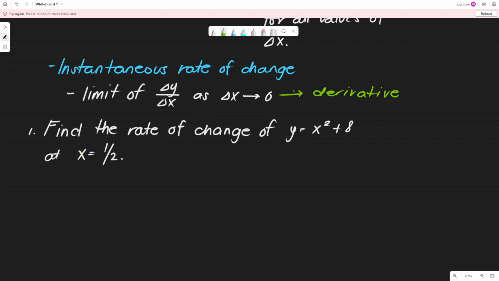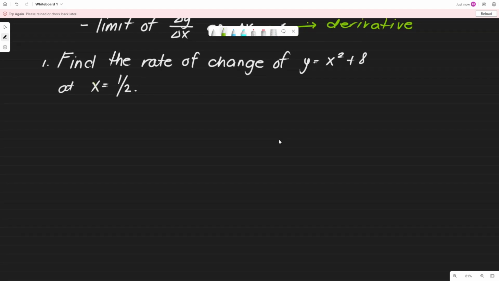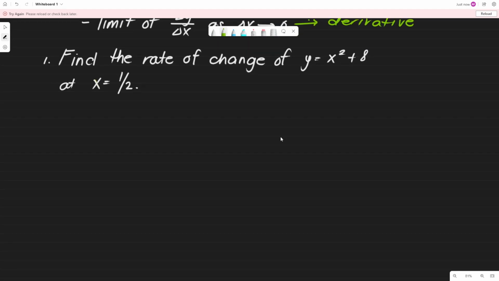So, meaning if we're asked to find basically what's the rate of change, no, more specifically, instantaneous rate of change, we're going just to get the derivative. Okay, so we have here our first problem, find the rate of change of y is equal to x squared plus 8 at x is equal to 1/2.